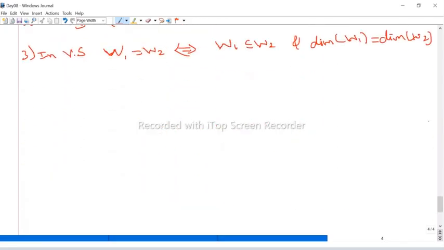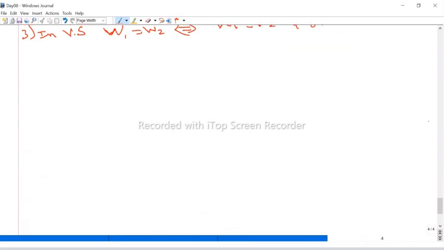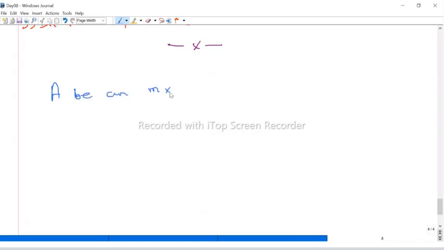Now we come to our picture. Suppose we take any m by n matrix, then we can talk about some subspaces. Suppose A is an m by n matrix. How does the matrix look?